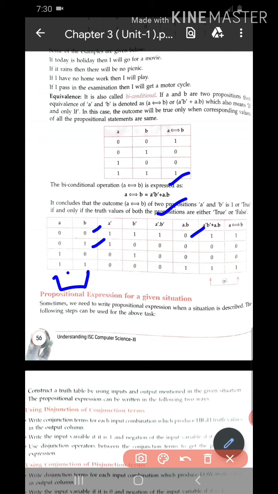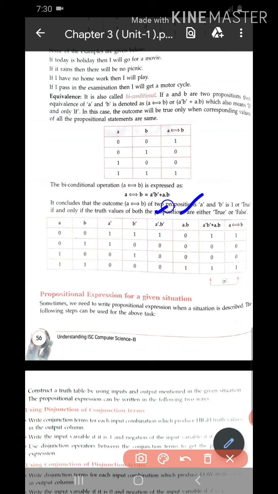In the second row, A is 0, B is 1, again the answer is 0. A is 1, B is 0, the answer is again 0. Both were 1 together, then the answer is 1.